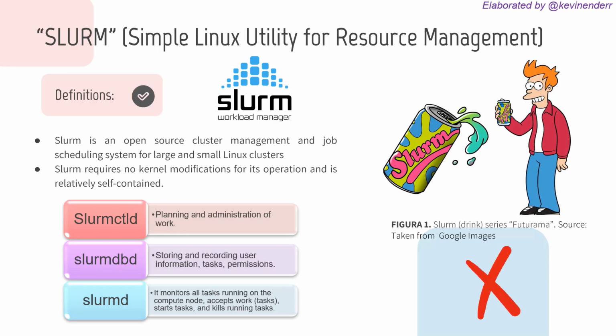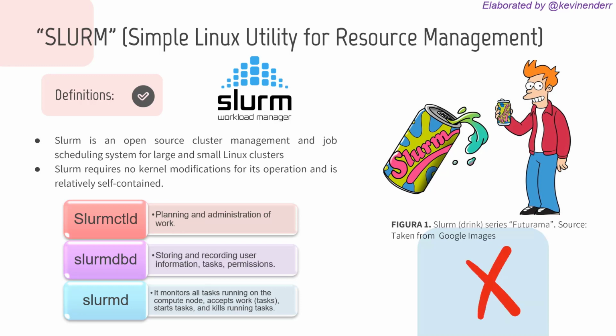Okay. Slurm has three key functions. First, it allocates exclusive or non-exclusive access to resources to users for some duration of time. Second, it provides a framework for starting, executing, and monitoring work on the set of allocated nodes.